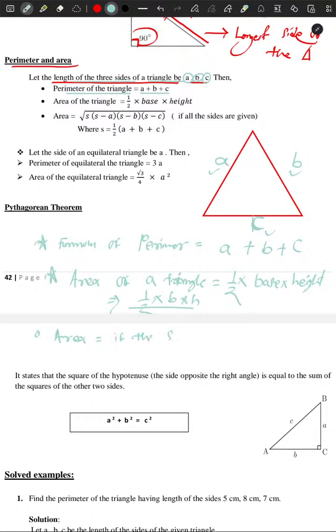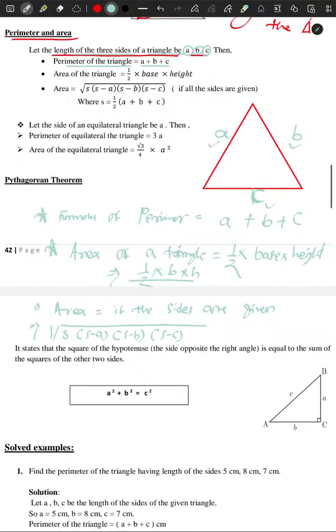If the three sides are given, area equal to root of s into s minus a into s minus b into s minus c, where s equal to half of a plus b plus c.